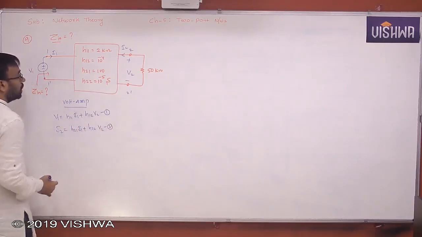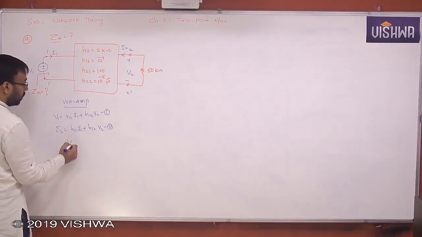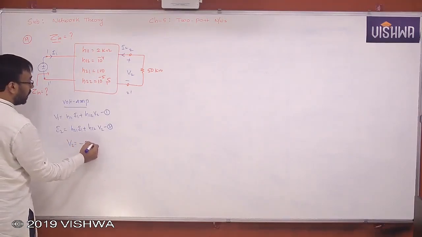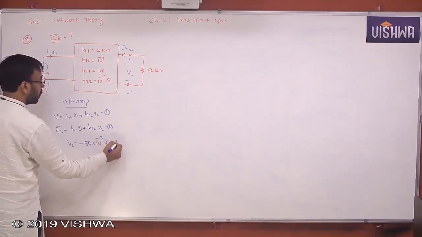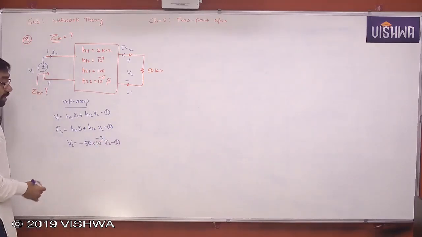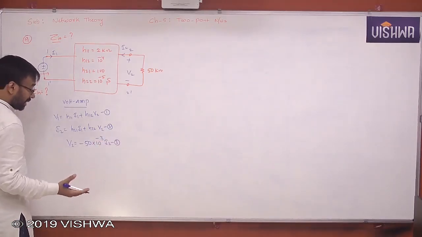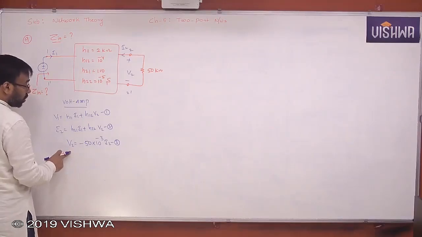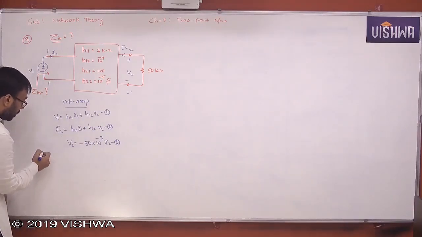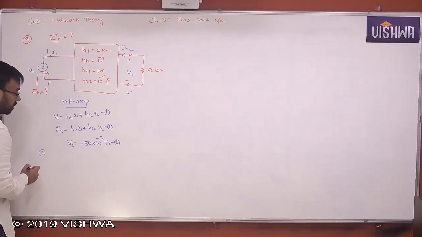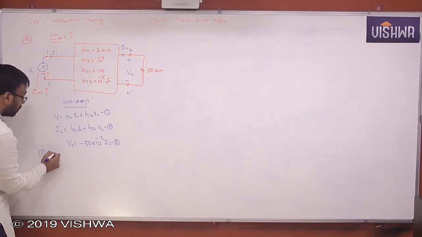Now, what do you get here? V2 is equal to minus 50 K, that is 10 power minus 3, I2, equation 3. Understand? So, from this you clearly understand that V2 is substituted in both the equations. If 3 is substituted in 1, then what do you get?